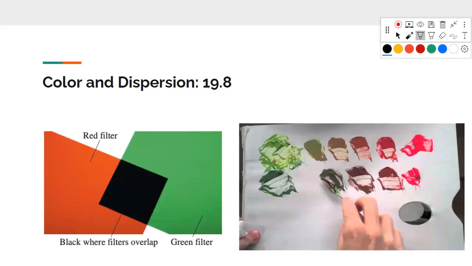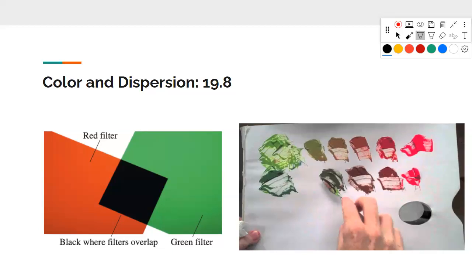Okay, and so then this is a slightly different topic, but the book includes it. So we can have filters, and a filter is just a transparent material that only allows one color through. So what happens with a filter is that, for example, this red filter absorbs all wavelengths of light except for red, and it lets red pass through.